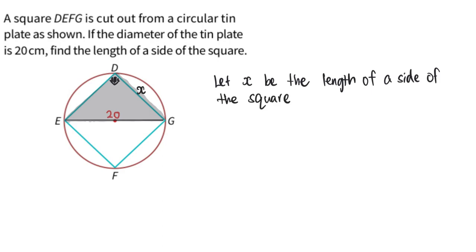So I got x and x. And then I will be able to apply my Pythagoras theorem, where it states that the sum of the squares, meaning x square in this case, plus x square again, equals 20 square.